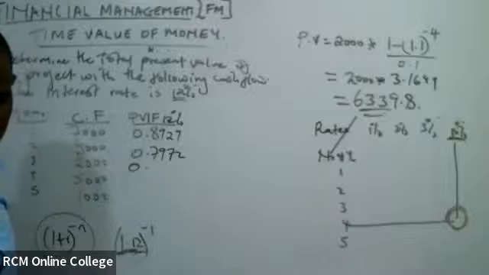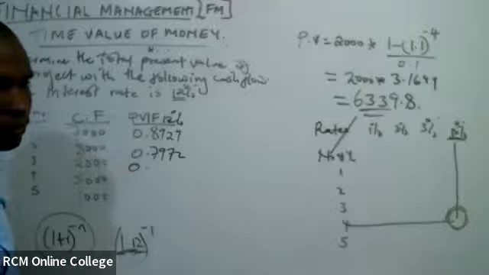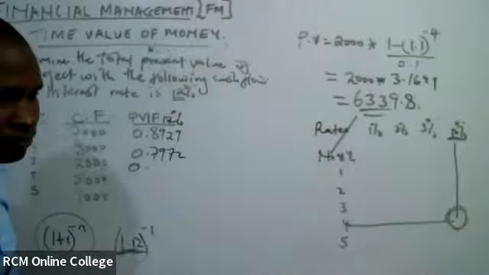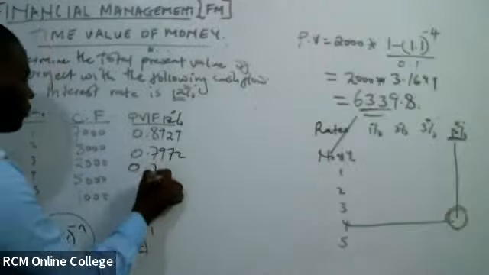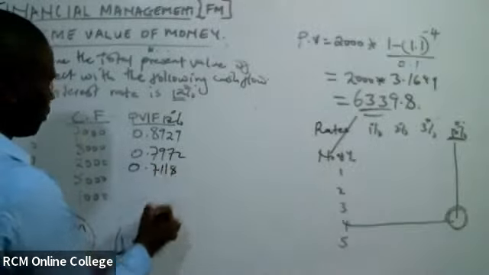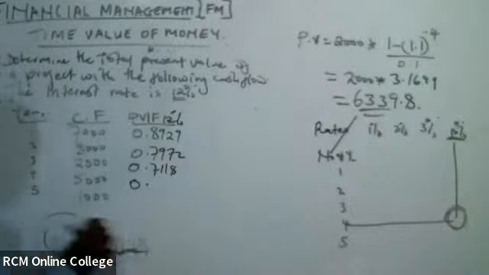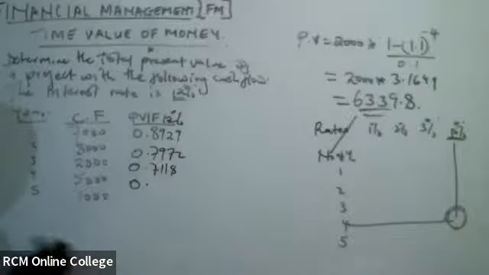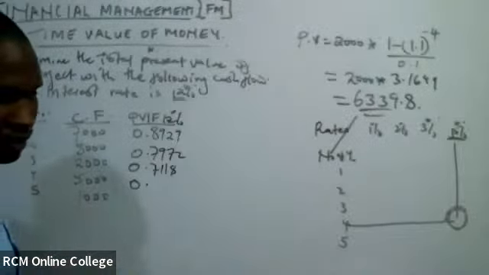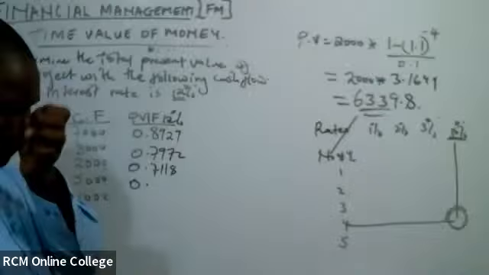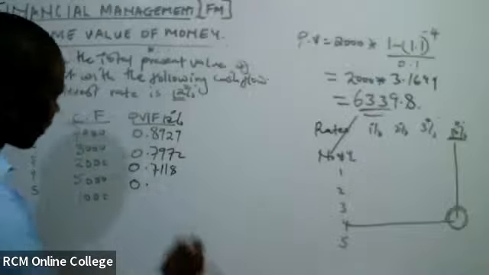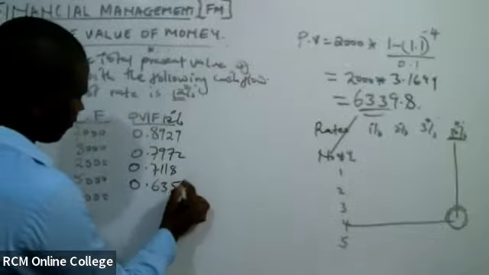Ya tatu, 7118. Ya nne. Almost winding it up. We're getting it here. 6355.